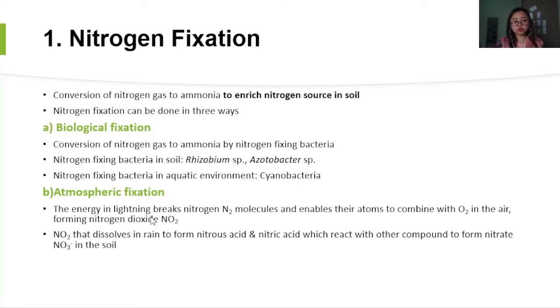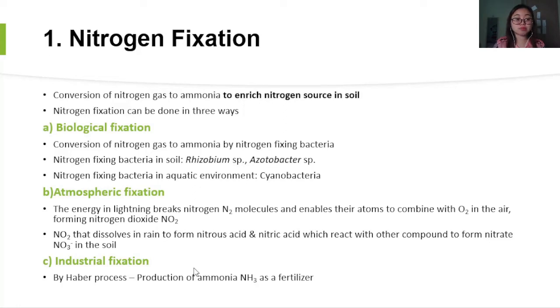So, kilat itu akan menyebabkan N2 bergabung dengan oksigen menjadi NO2. Bila dia terlarut dalam air hujan, dibawa kepada tanah, dia bercampur dengan barang-barang lain dalam tanah, dia akan menjadi NO3 negative. The third way that we can produce ammonia is through industrial fixation.